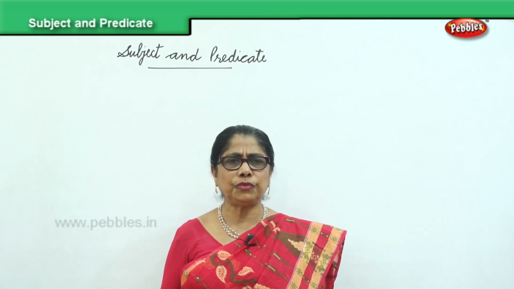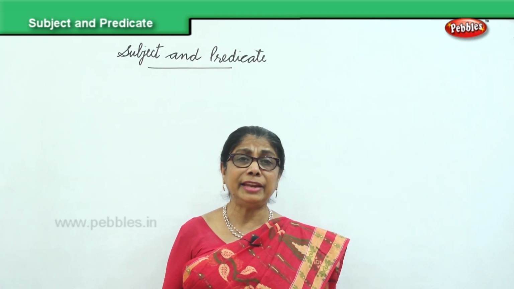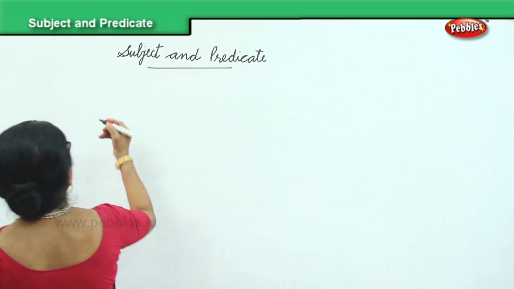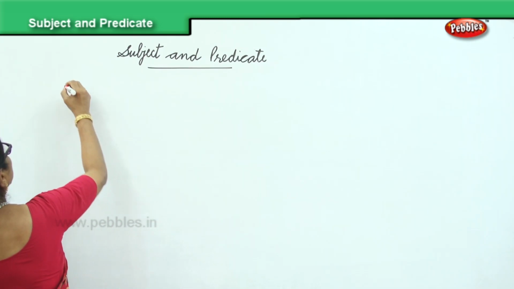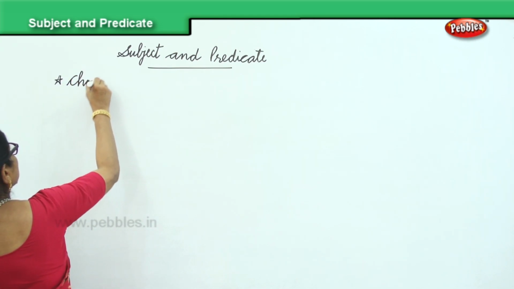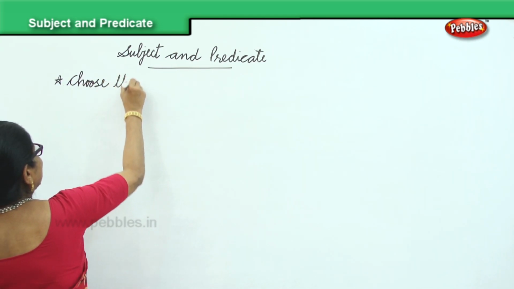Now we will do another small exercise. I give you the subject and the predicate separately, and you choose to form the sentence correctly. Choose the subject and the predicate.